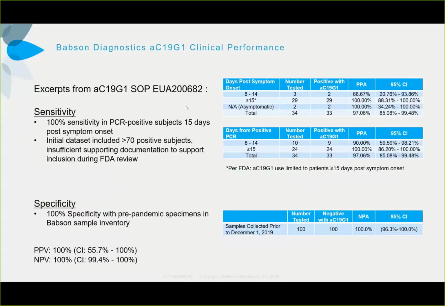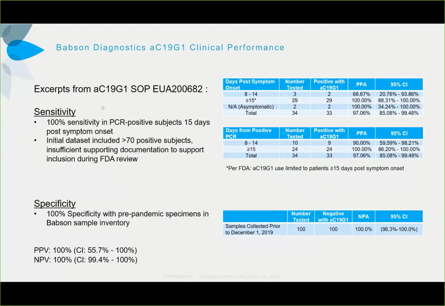Here are excerpts from the AC19G1 SOP, which is essentially the equivalent for an LDT of a package insert or instructions for use for our EUA that was granted on June 23rd. We were able, through talks with the FDA, to achieve a sensitivity of 100% in PCR positive subjects after 15 days post-symptom onset.